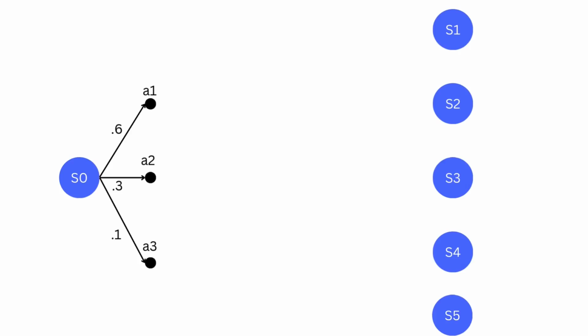Let's start with some state, S0, that has three available actions, A1, A2, A3. An agent that takes one of these actions at S0 will transition to one of the states S1 through S5, each with a certain probability.